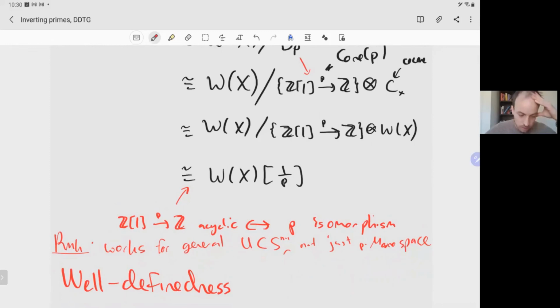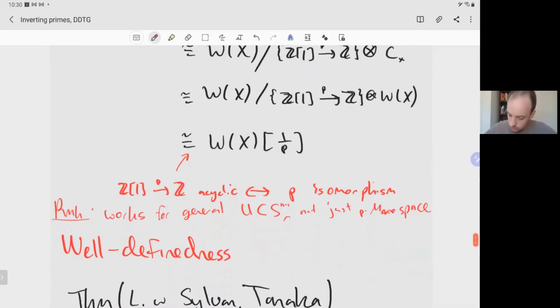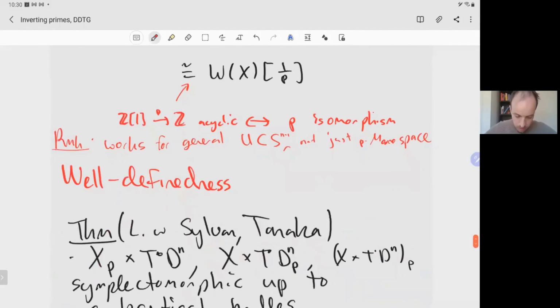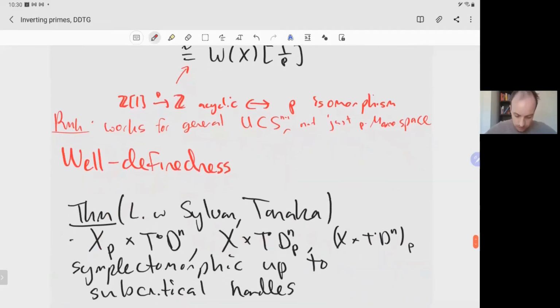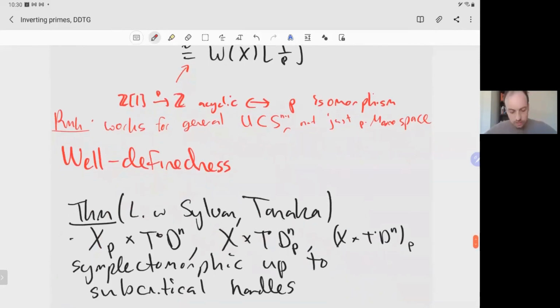Now let me talk about well-definedness, namely the statement that it's independent of the presentation and that it is idempotent.